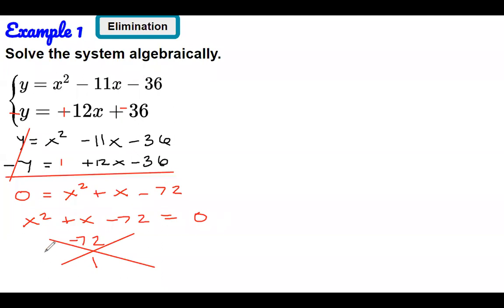So we have negative 8 and positive 9. Negative 8 times positive 9, does it give me negative 72? Yes, it does. Negative 8 plus 9, does it give me positive 1? Yes, it does. So what are my factors here? x minus 8 and x plus 9 equals 0.